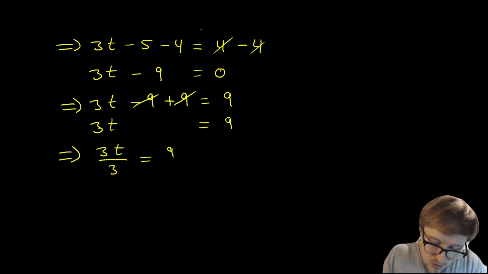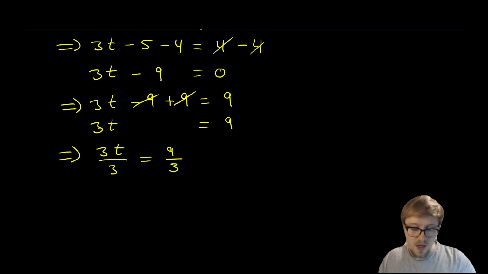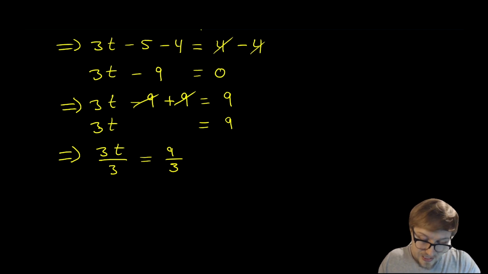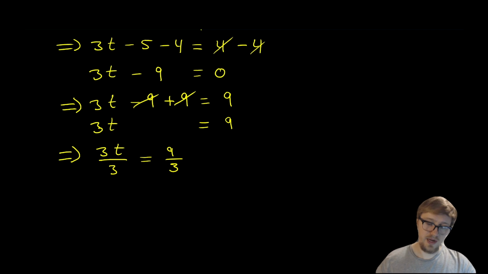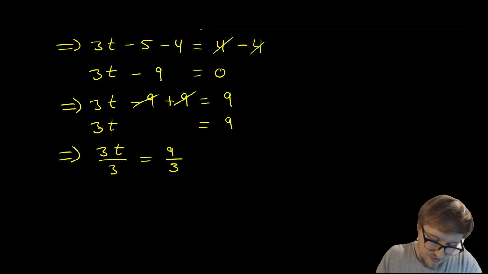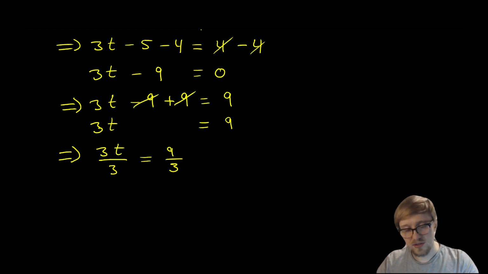So now we've taken the 3t divided by 3 and the 9 that's sitting on the right-hand side divided by 3. So let's simplify this. The 3t divided by 3 is just going to give us t, because 3 divided by 3 is just going to be 1, so it's 1 times t.